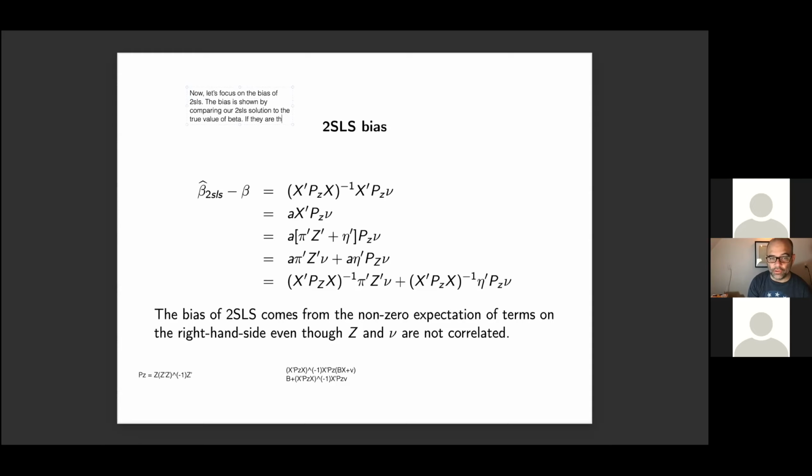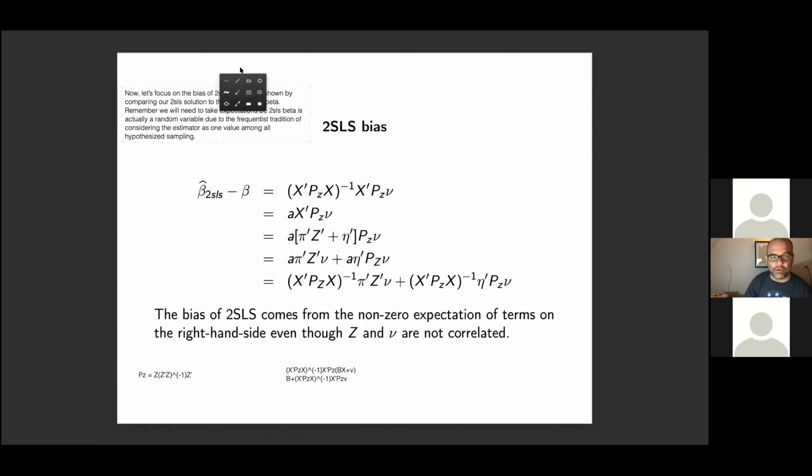But remember, we will need to take expectations, because two-stage least squares beta is actually a random variable, due to the frequentist tradition of considering the estimator as one value among all hypothesized samplings. So we're going to have to take the expectation over all of them.